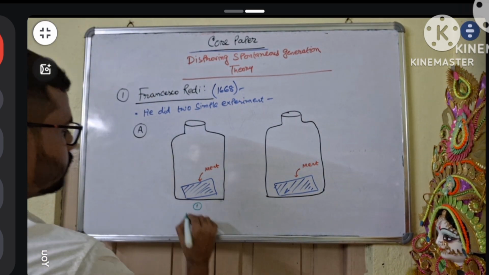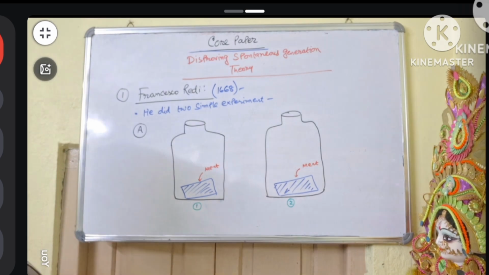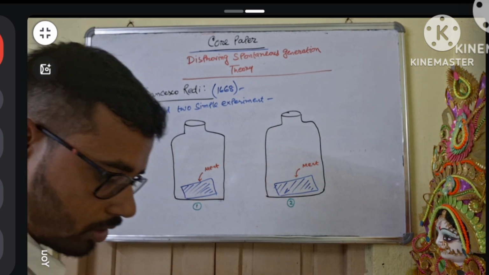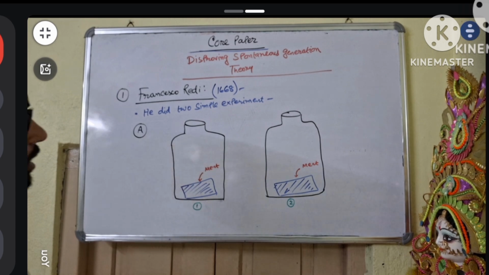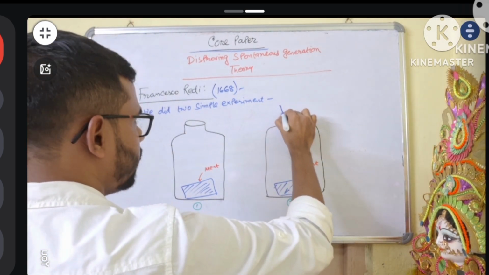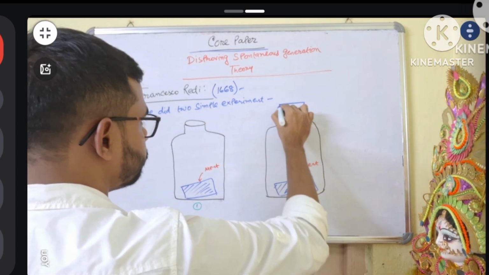This is jar number 1 and jar number 2. The first jar remained open as it is, but the second jar was totally closed with a cork.